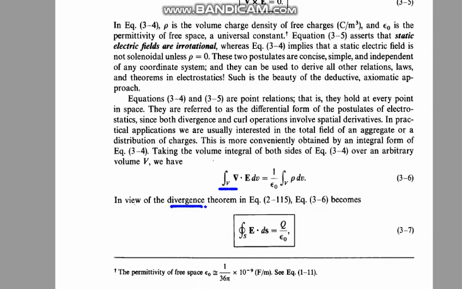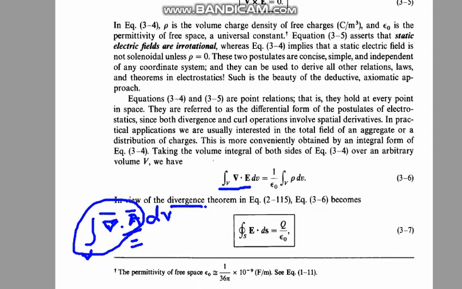If we take the volume integral of the divergence of a vector, divergence meaning the dot product of the partial differential operator, the divergence theorem states that it converts to a closed surface integral of the electric field intensity.